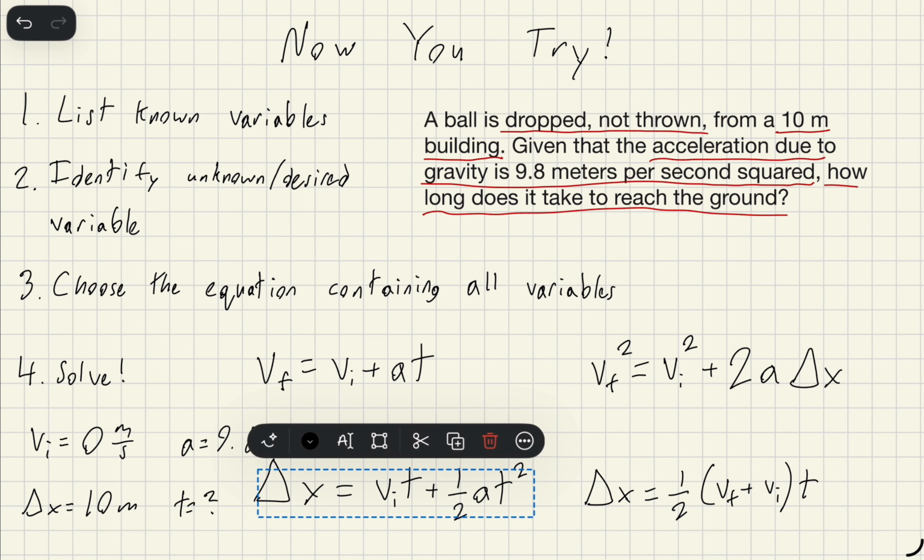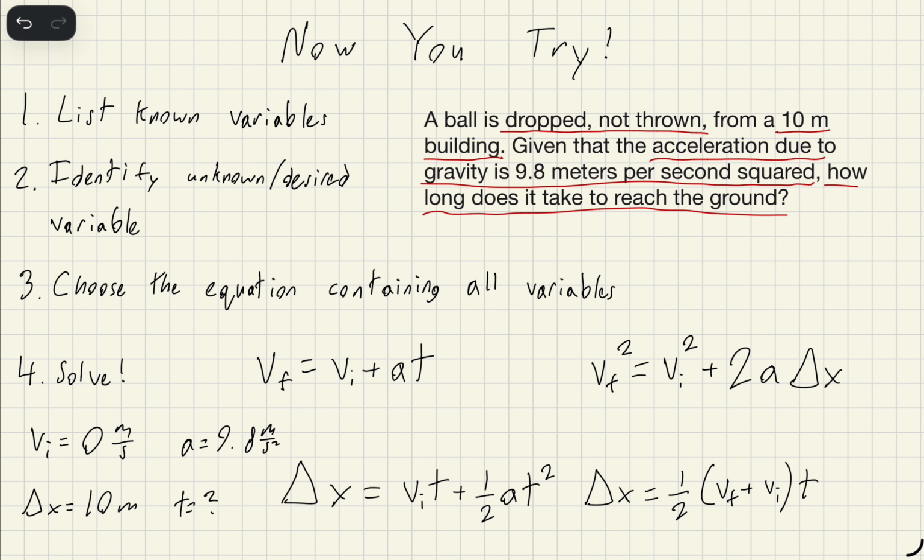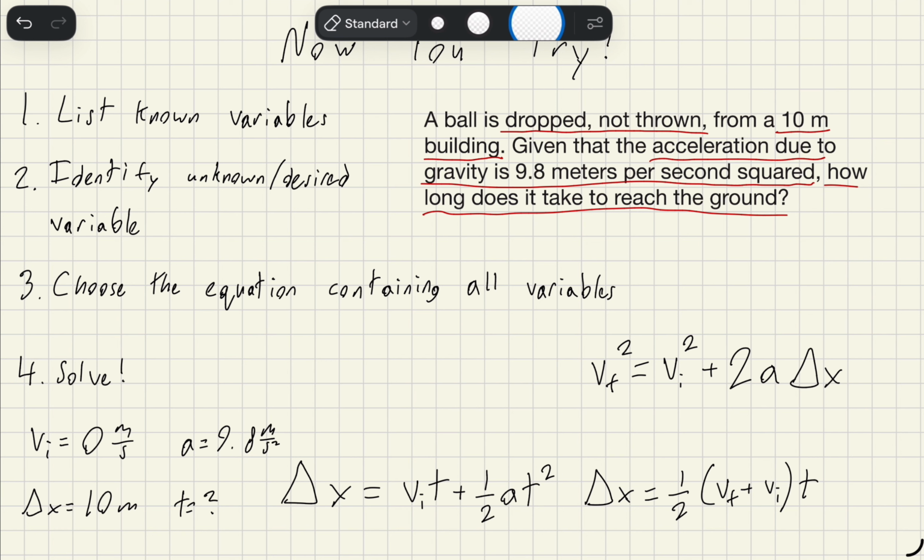So I've listed all of our known variables, and I've also identified the unknown variable. So now we just choose the equation containing all of these variables. We need initial velocity, acceleration, and displacement. The first equation isn't it because we have a final velocity, so we don't need that one.